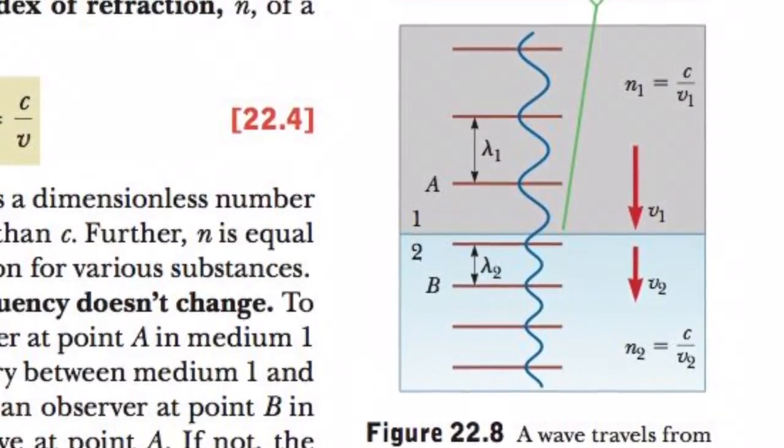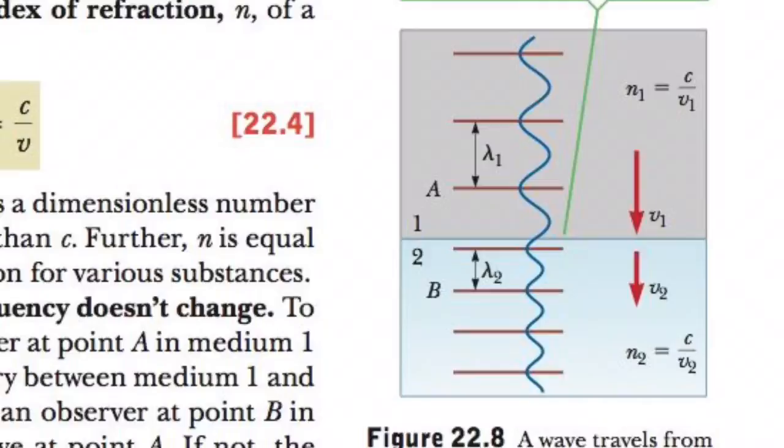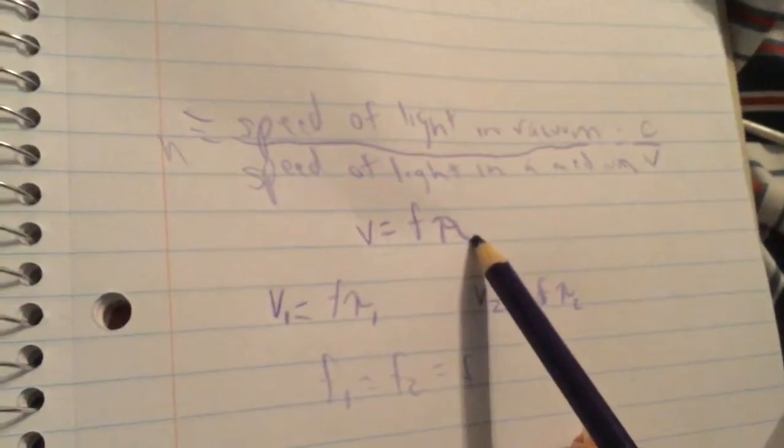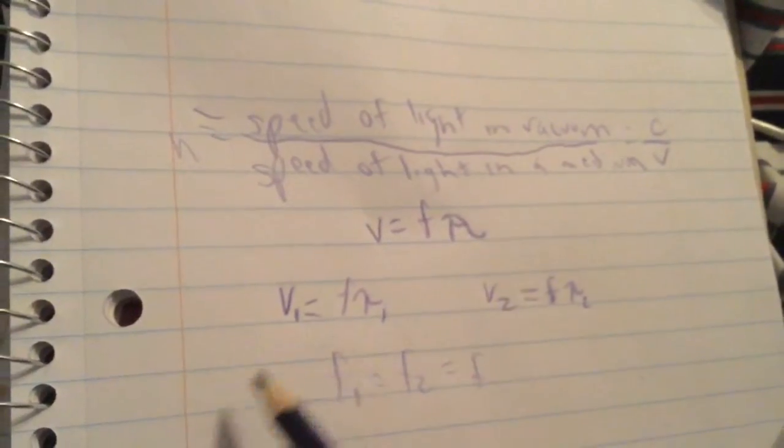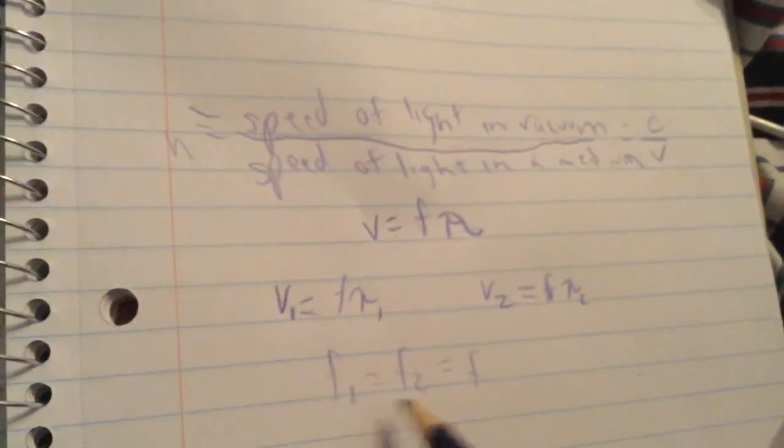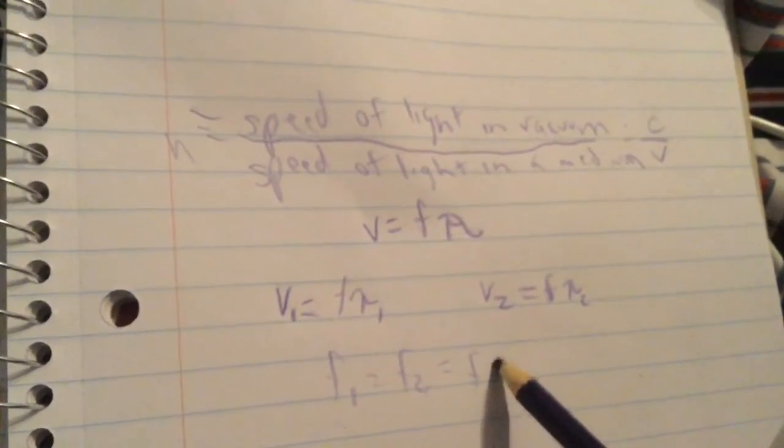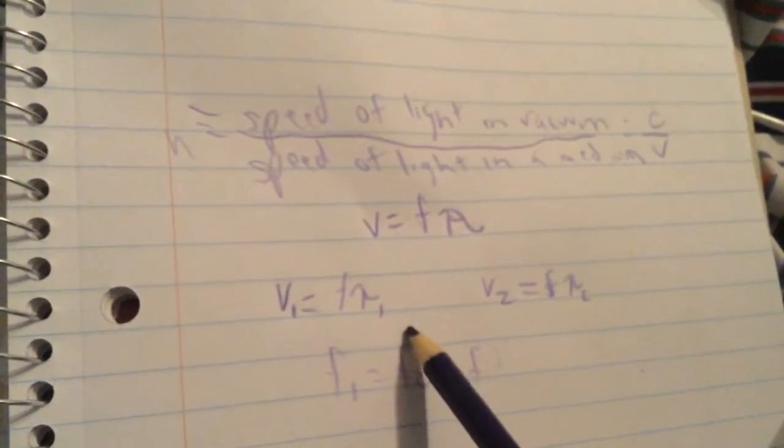But the frequency, from trough to crest and crest to trough, does not change. The relationship v equals f lambda must be true in both media, as f1 is equal to f2, which is equal to f. All the frequencies are the same; they don't change.